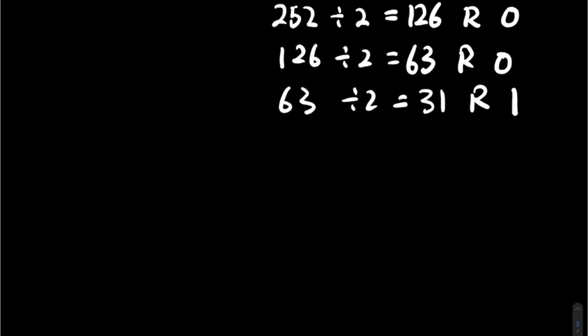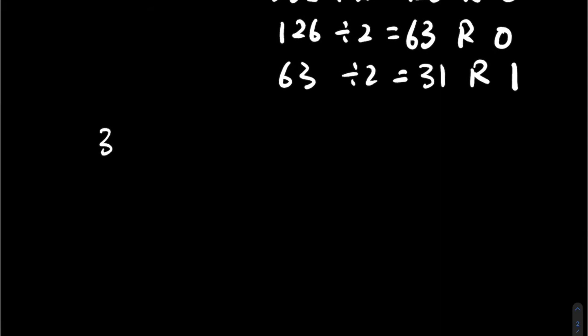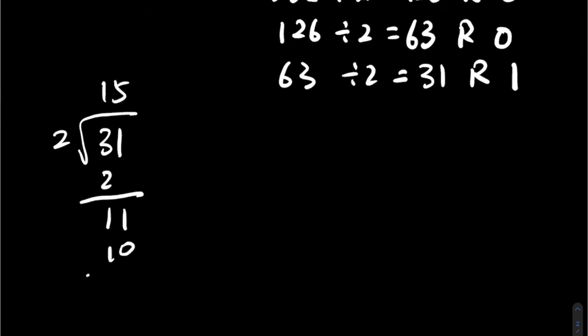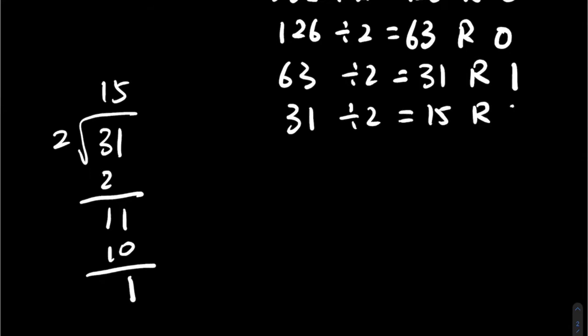I just want you to see it's quite simple actually, right? 31 divided by 2, we got 15, remainder 1. So you keep doing this. 15 divided by 2, we got a 7, remainder 1.